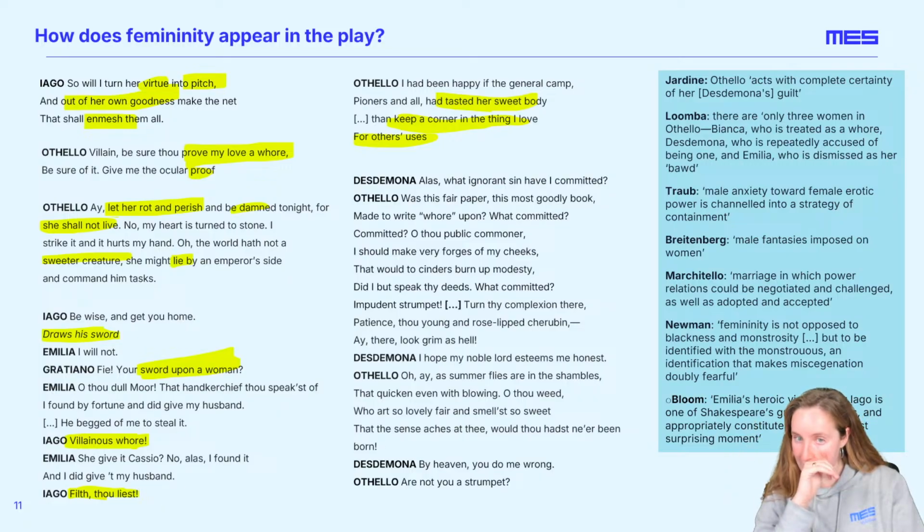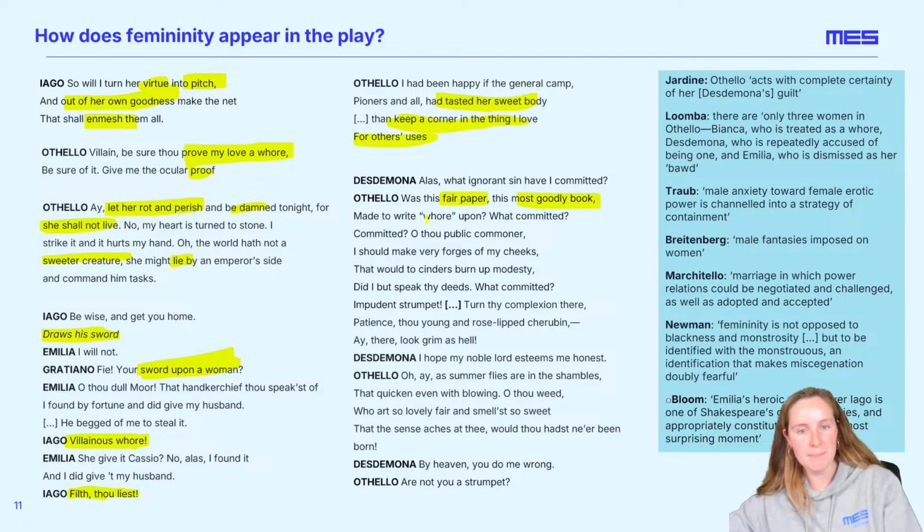Desdemona as well, alas, what sin, ignorant sin have I committed? Fellow, was this fair paper, this most goodly book, made to write whore upon? What committed? Committed? O thou public commoner, I should make very forges of my cheeks, that would to cinders burn up modesty. Did I but speak thy deeds. What committed? Impudent strumpet. Turn thy complexion there, patience, thou young and rose-lipped cherubin.